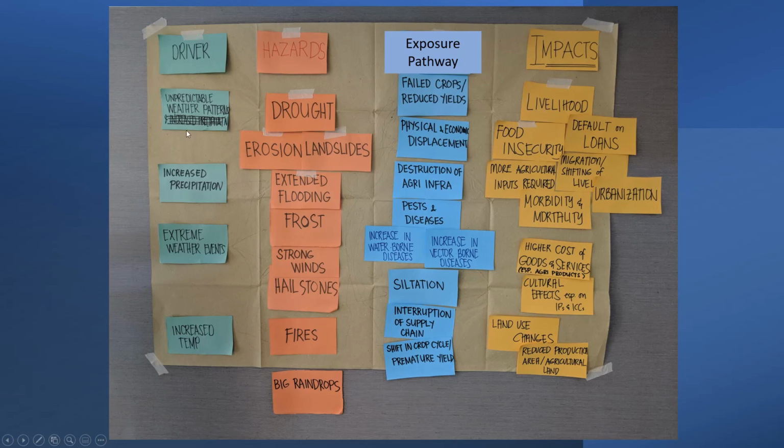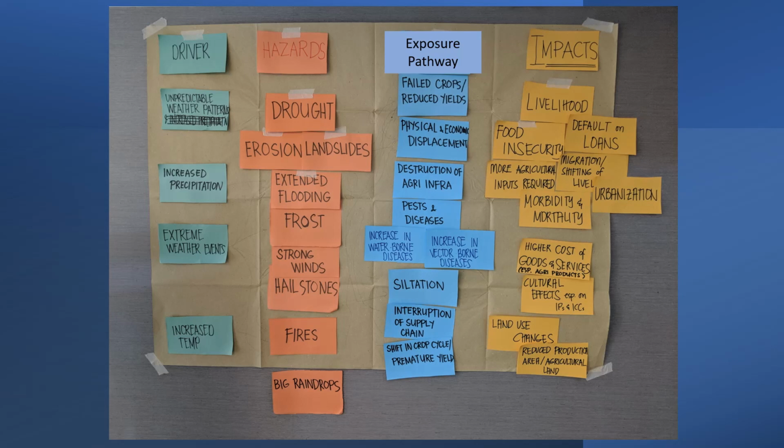And so for each of these things, unpredictable weather patterns, we would want to provide some information, some data. We can probably find that in our NAP, our National Adaptation Plan, or our NAPA, National Adaptation Program of Action, or some of those documents, some vulnerability assessments and so forth. Those are good sources. You don't have to do the original research yourself.